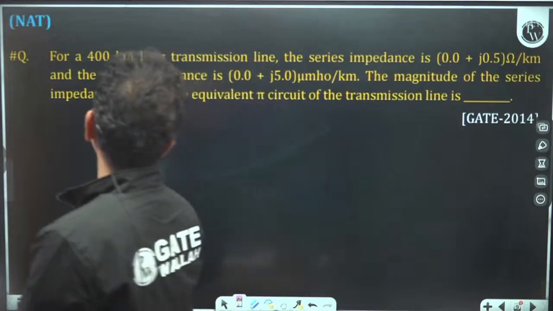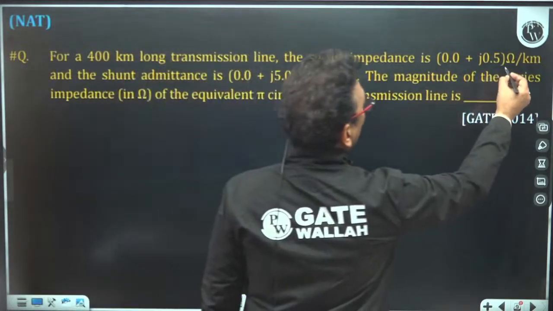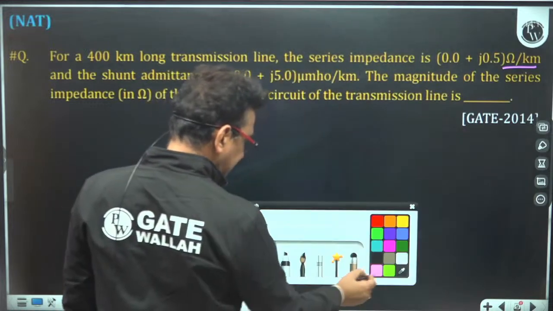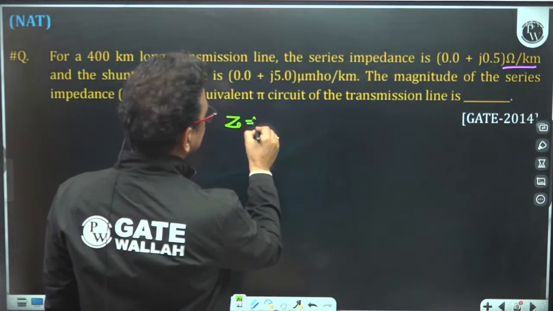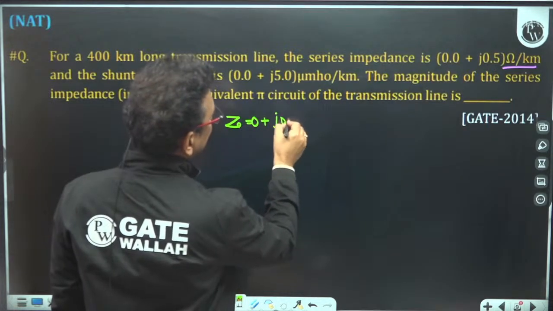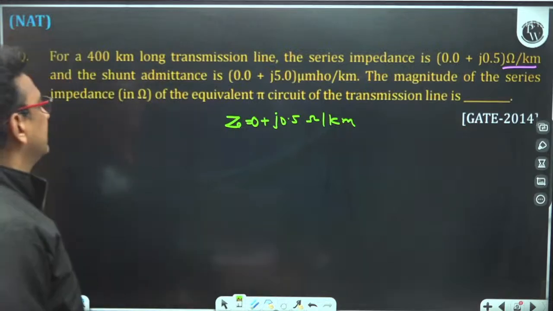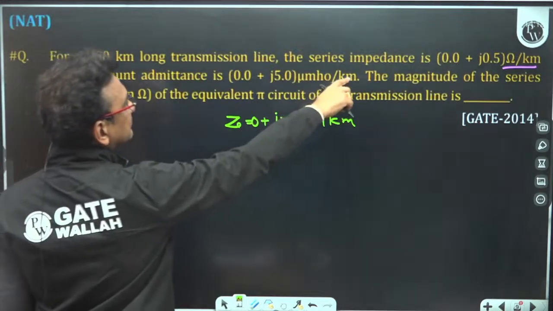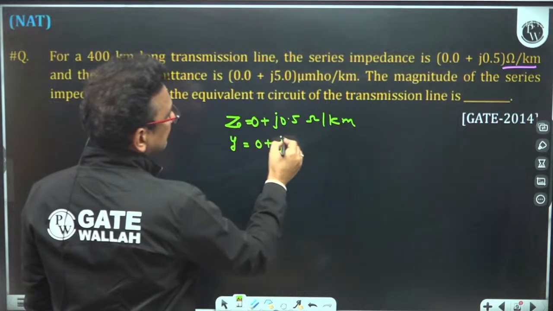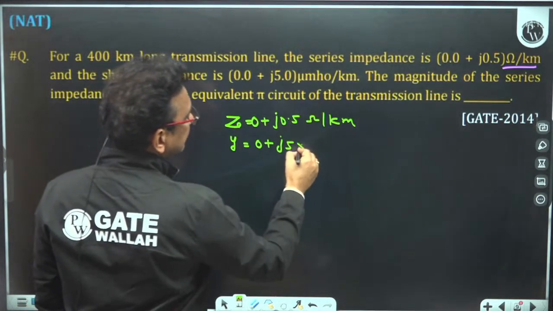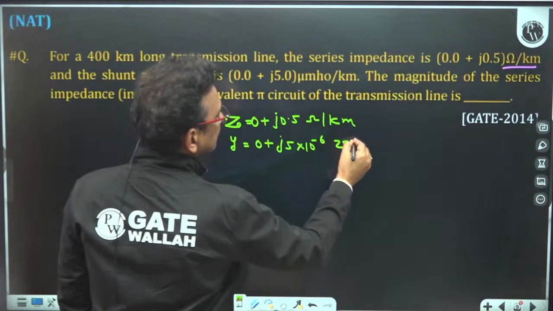In a 400 kilometer long transmission line, the series impedance is given in ohm per kilometer, which is the per length impedance, 0 plus j 0.5 ohm per kilometer. And the shunt admittance is also per kilometer, so the per length admittance is 0 plus j 5 micromho, that means 5 into 10 raised to the power minus 6 mho per kilometer.